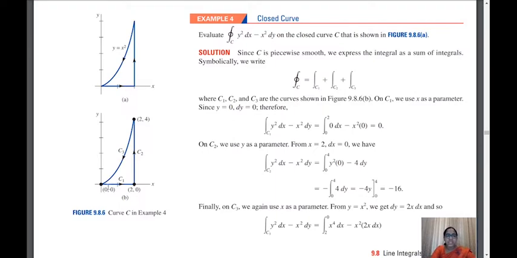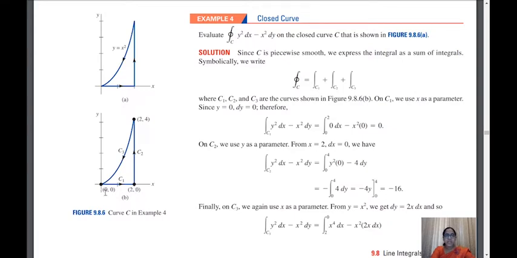So first let us consider C1. In this you can see that there is a change in x, not in y. Y remains constant; here y is equal to 0. So in C1, y is 0. When y is 0, what will be dy? Dy will again be 0, and x is varying from 0 to 2. Is it clear from the figure?